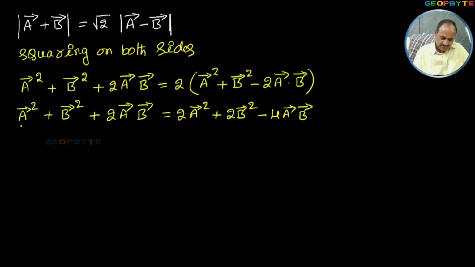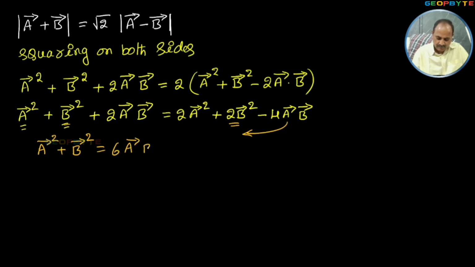Now I am bringing A bar square and B bar square to the other side. 2 A bar square minus A bar square equals A bar square, and 2 B square minus B square equals B bar square. I am bringing this quantity to the other side. 2 A bar dot B bar plus 4 A bar dot B bar is 6 A bar dot B bar.